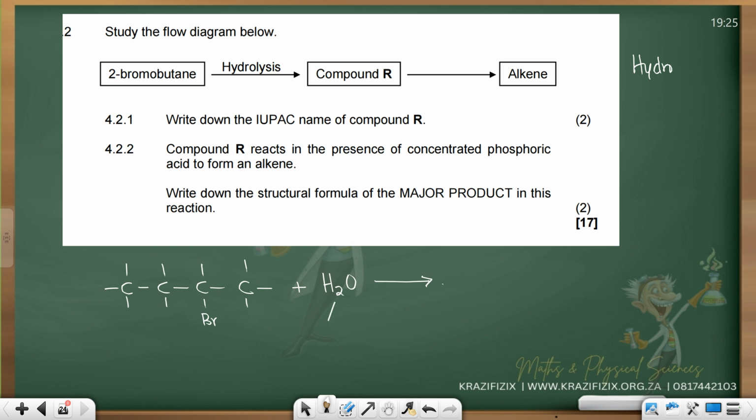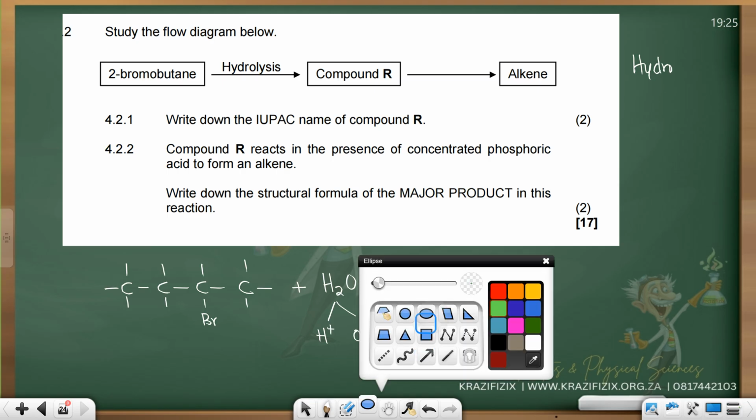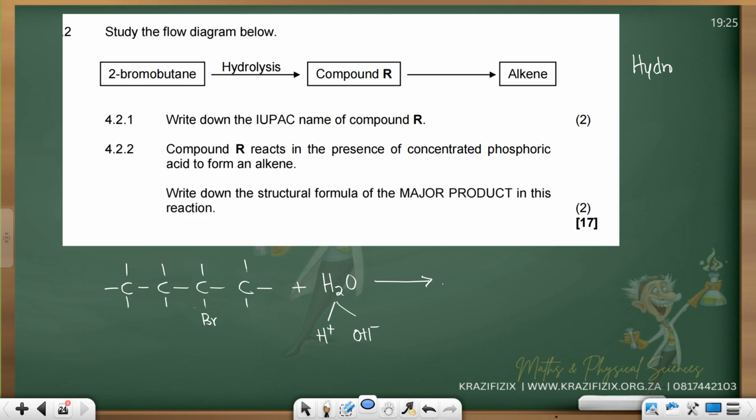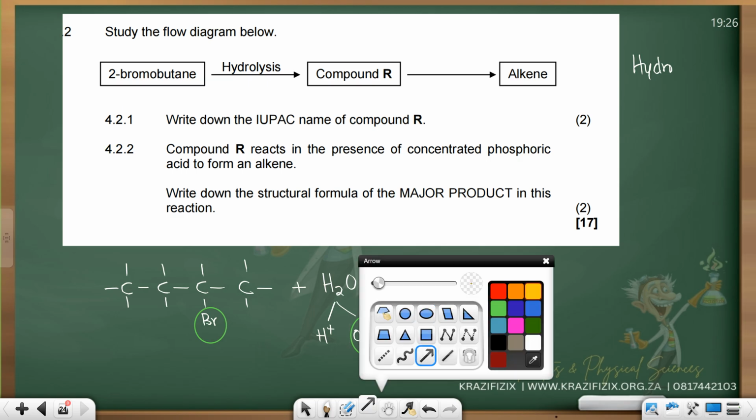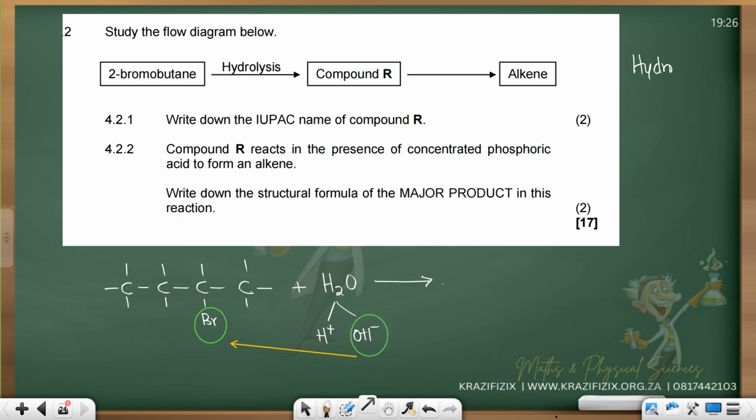Guys, water is hydrogen and hydroxide ion. Look at what's going to happen for you to see that it is substitution. This guy will take the place of this guy. So let's do the exchange. What do you think we are going to have? 1, 2, 3, 4.